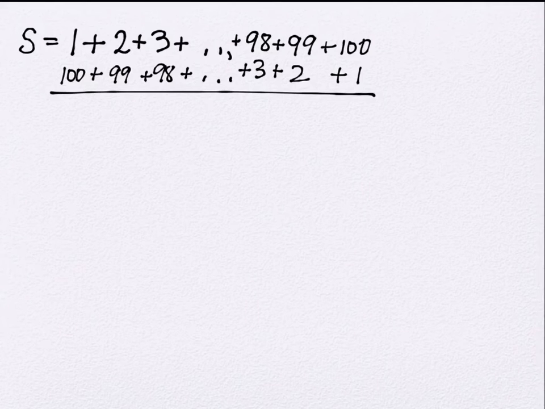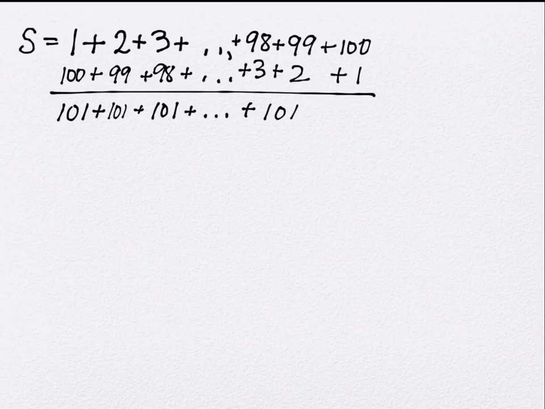So we're just going to start with the first one. 1 plus 100 is 101. 2 plus 99 is 101. 3 plus 98 is 101. And in fact, they all are, right? So I'm not even going to write all of them out at the end, but they're all 101s. We've got a whole bunch of 101s added together.